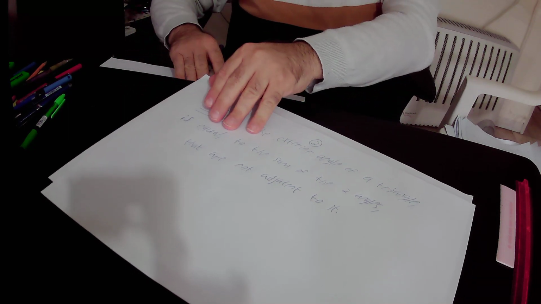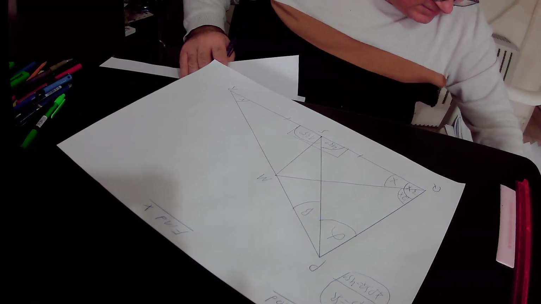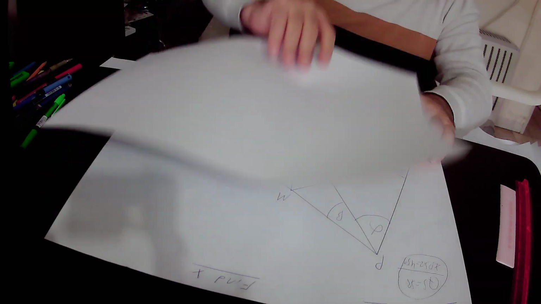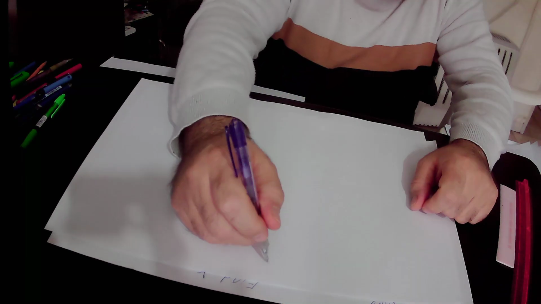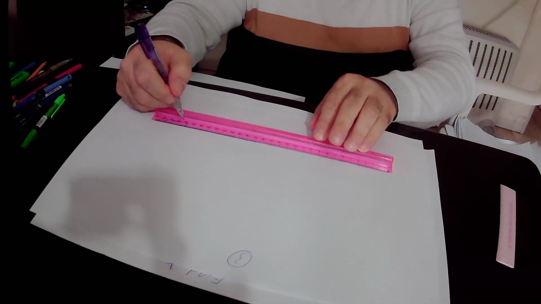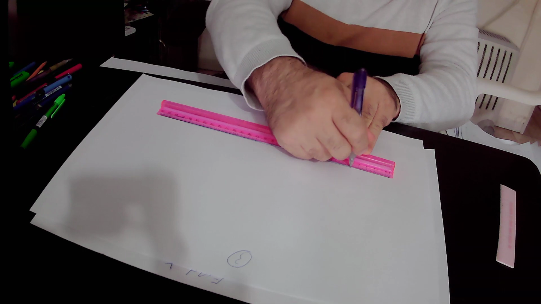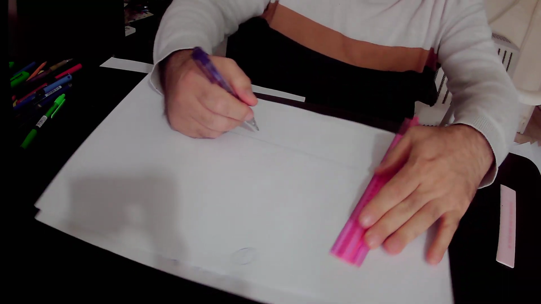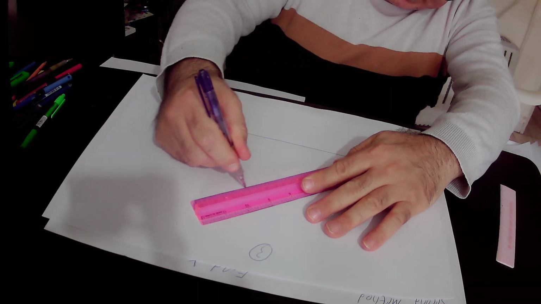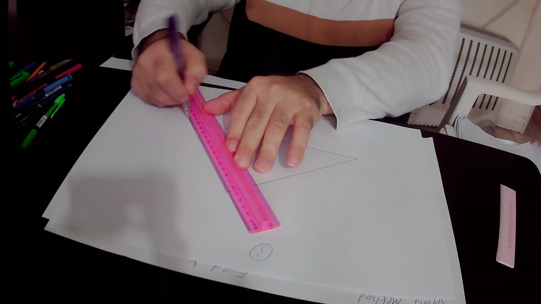The meaning of rule number 4 is that if we have triangle ABC, so this is triangle ABC.